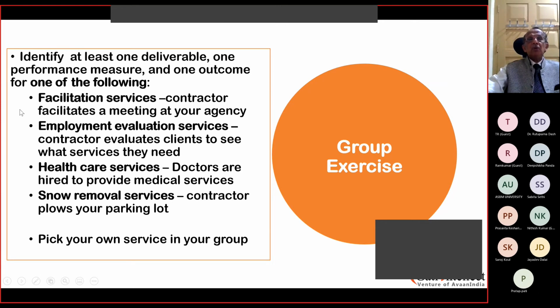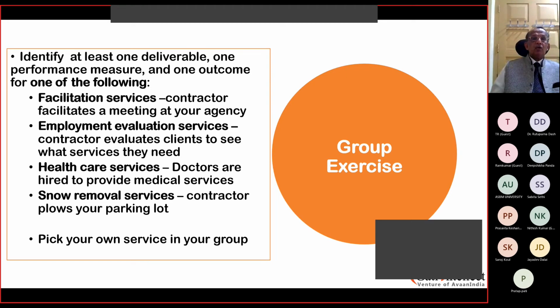So you have to specify from which category you can see. Identify at least one deliverable, one performance measure, and one outcome. These three you have to find out. Can you do that, please? Is the question clear?